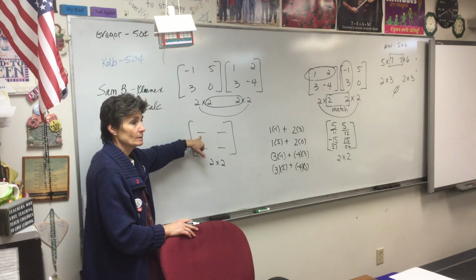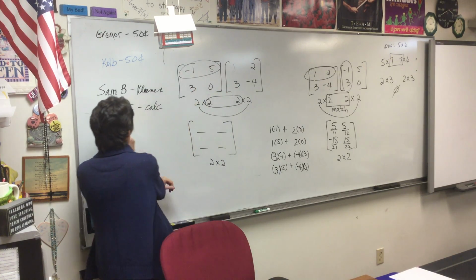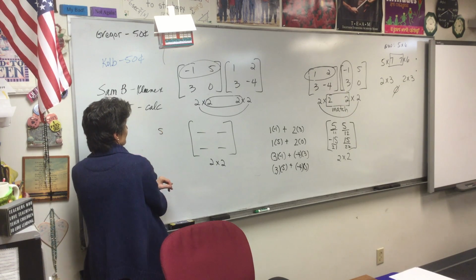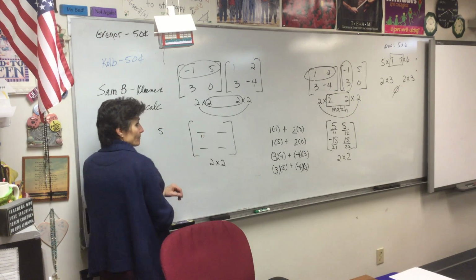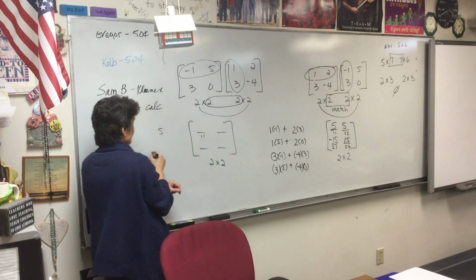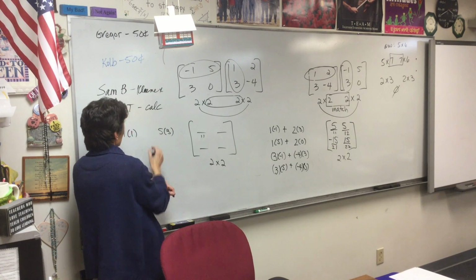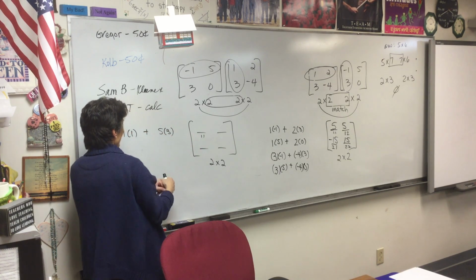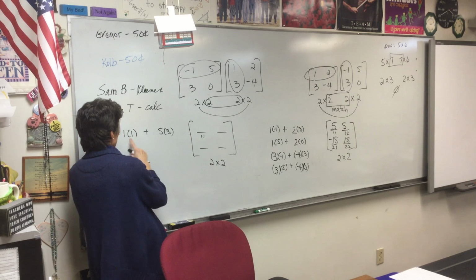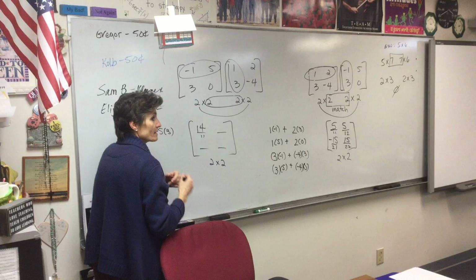We take the first row, which is -1 and 5, and we multiply it by the first column, which is 1 and 3. So what do we get for that first spot? We get something that we didn't get before. What do we get? 14. So the first spot is 14.